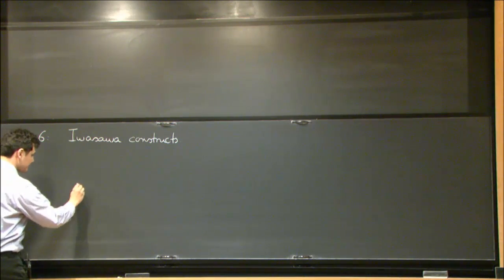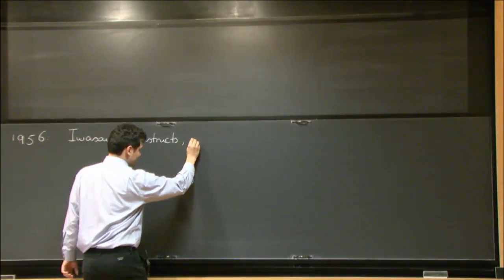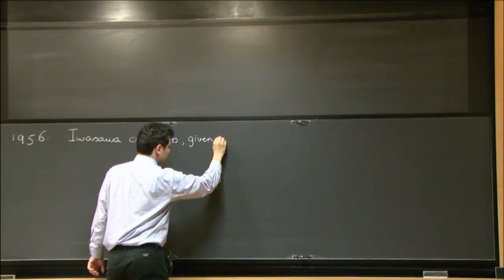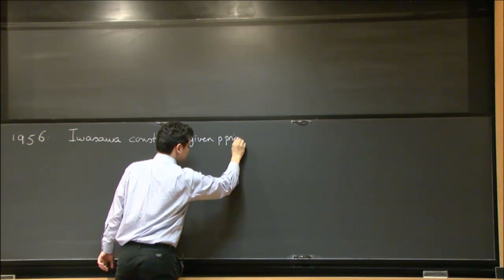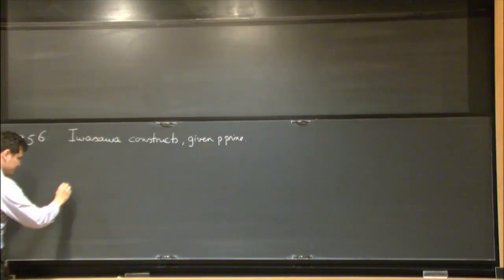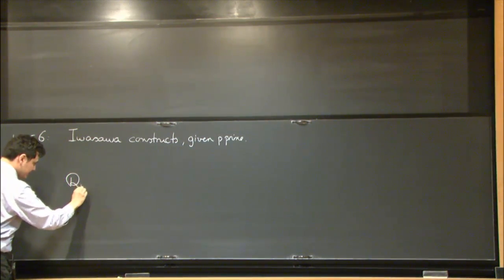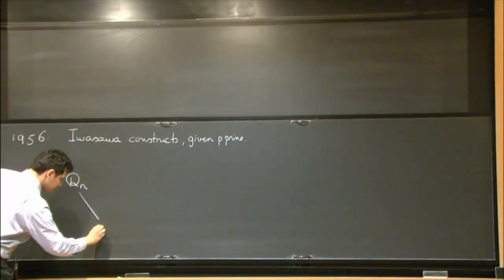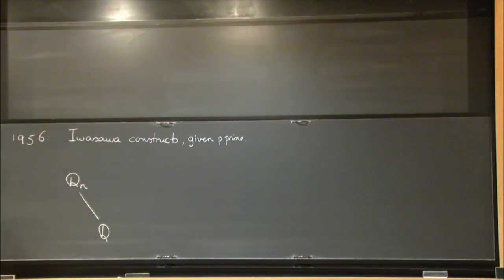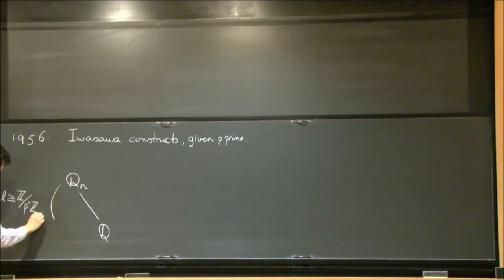So he constructs, given some prime number p, an infinite tower of number fields, Qn. So those are extensions of Q. He constructed them so that the Galois group of Qn over Q is Z modulo p to the n Z. Very reasonable Galois group, not too hard.